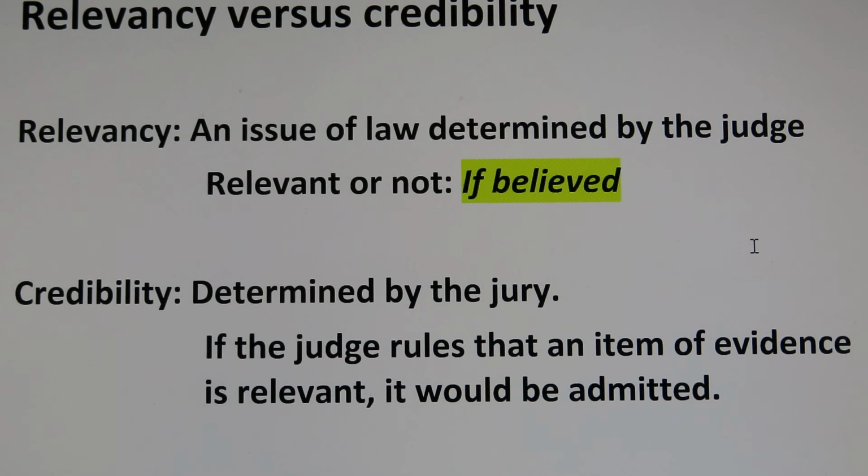So the issue is, how should the judge rule? Whether the judge would say this girlfriend's testimony is relevant or not. And this is where the if-believed principle would come in. Even though the judge would believe the girl's story is not credible, he should rule this girl's testimony is relevant because it is relevant if it is believed.